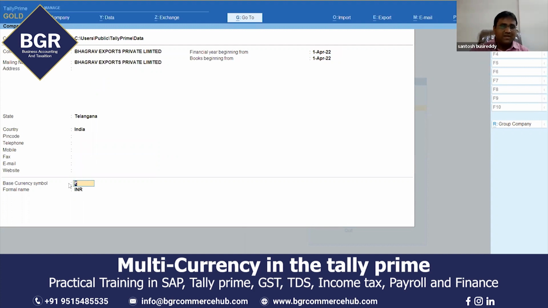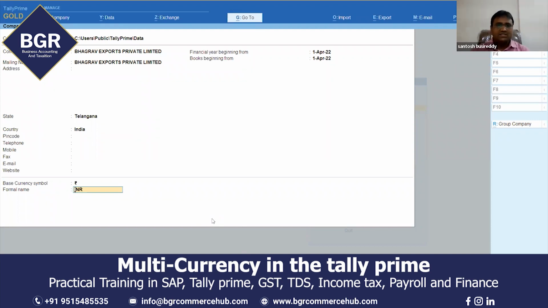What is the base currency? Rupees, symbol INR, Indian rupees. Now you are maintaining your books of accounts in INR. But if I do transactions in some other currency, that is called multi-currencies, other than the base currency.